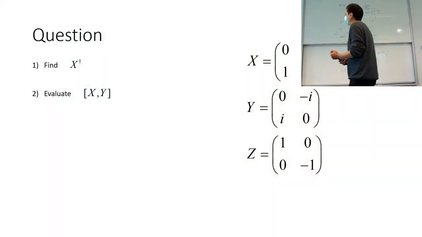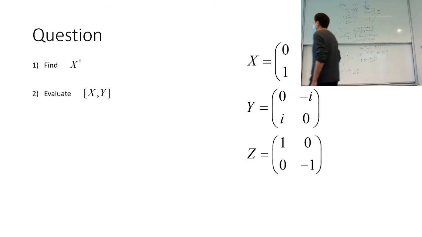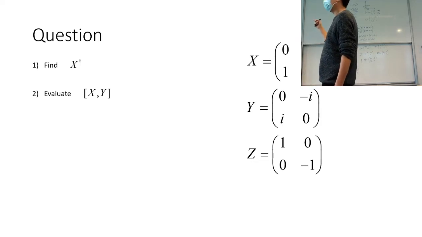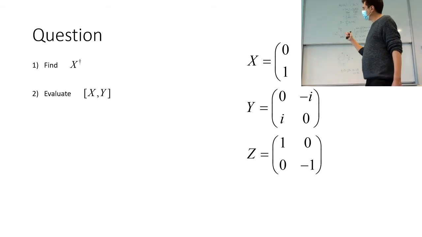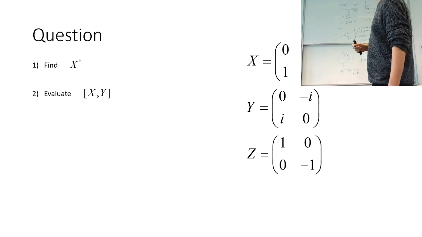So let's just do a quick quiz. Find x Hermitian conjugate. So what would that be? This is a real matrix, so it's just the transpose. So transpose of x, in this case, what is that?